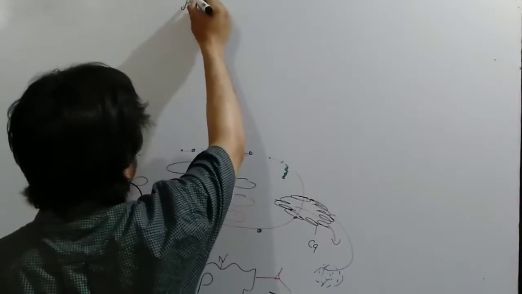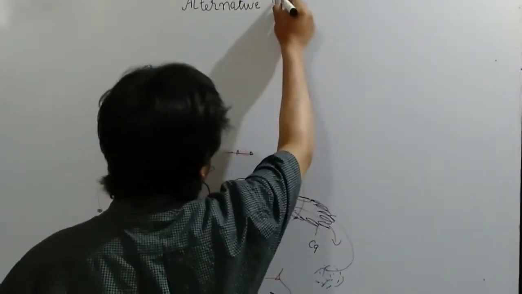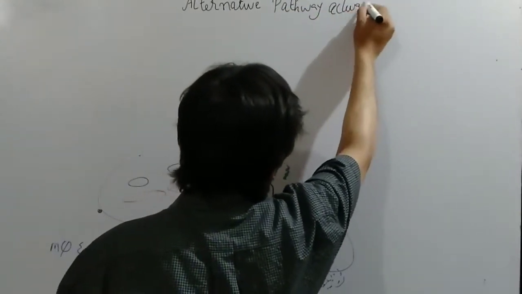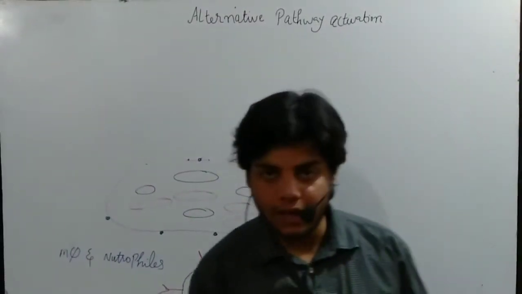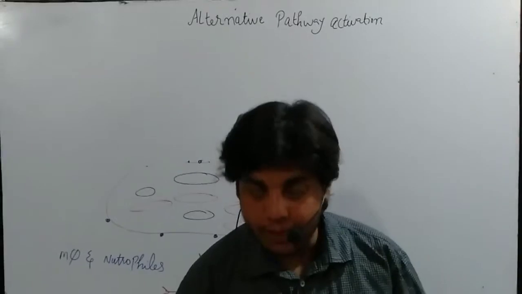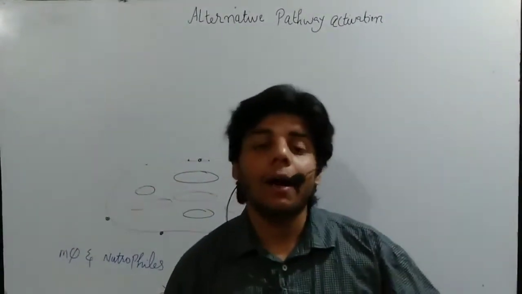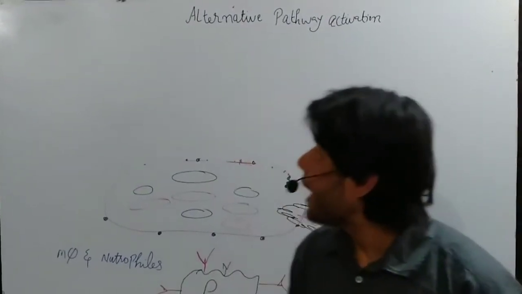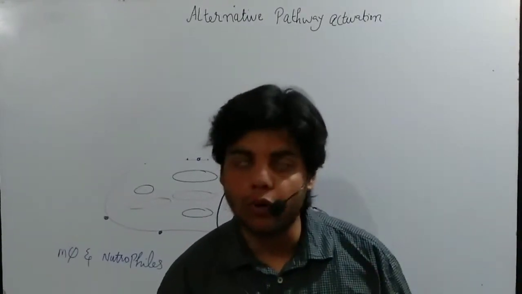So let me write alternative. Now again, this alternative pathway is a pathway of the complement system, and it plays an important role in the non-specific immune system, and it is activated against bacteria and fungi.